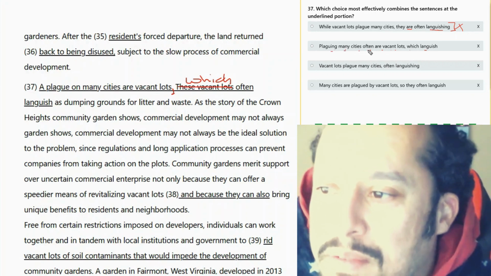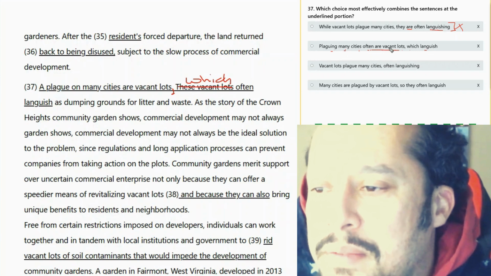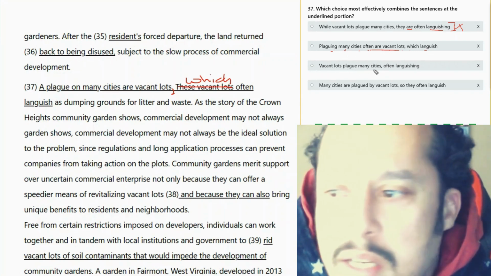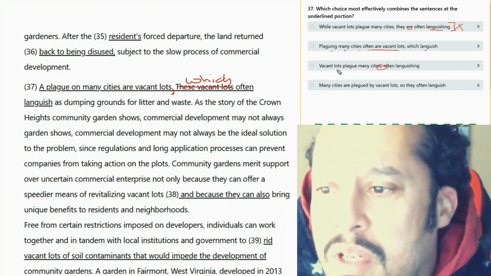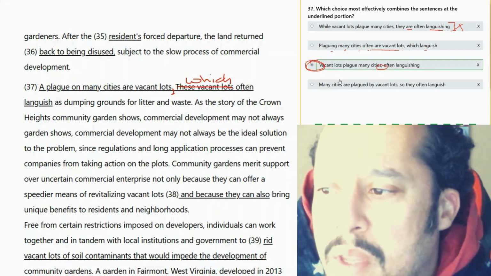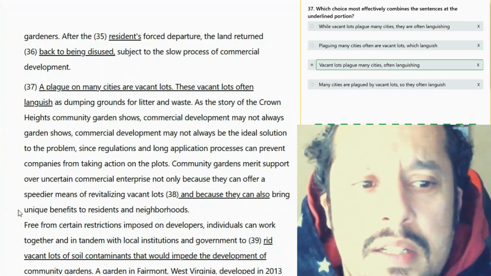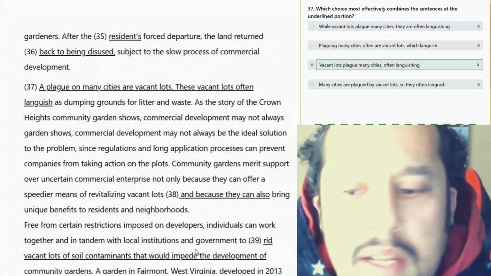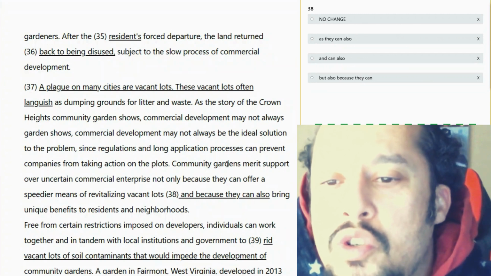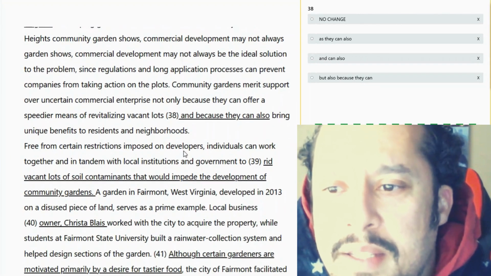Plaguing many cities often are vacant lots. No, we want active form. Vacant lots plague many cities, often languishing. زي ما احنا قلنا. So here we want to say answer C. Answer D is correct. كده كده combining sentences هيديكوا 4 إجابات صح من ناحية style and punctuation. It's your job to choose the best, most effective style.